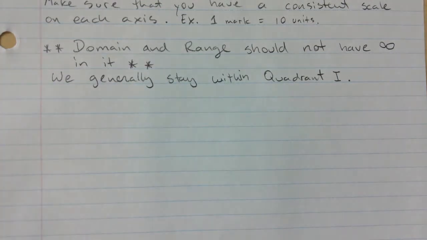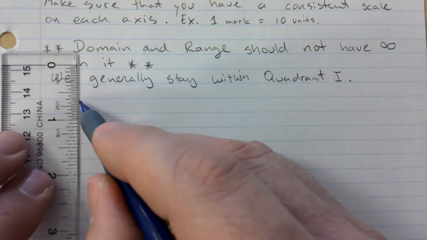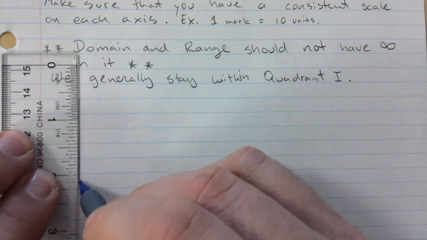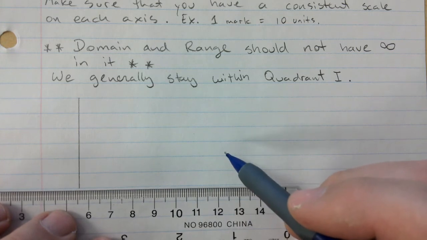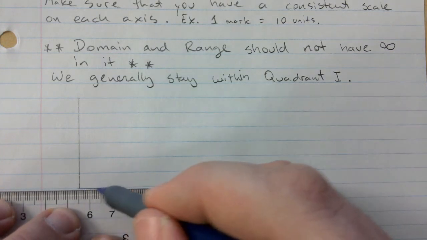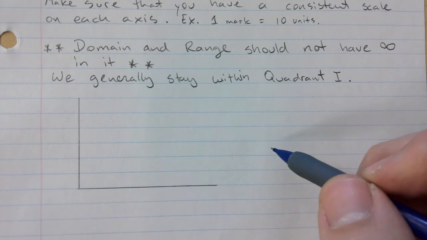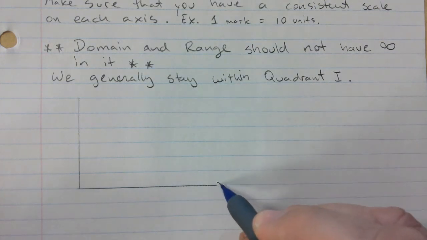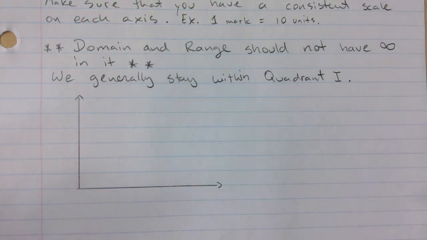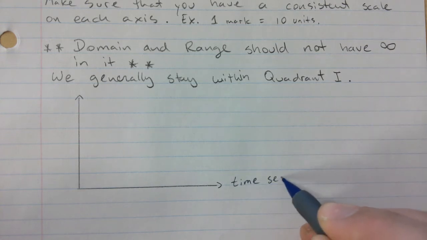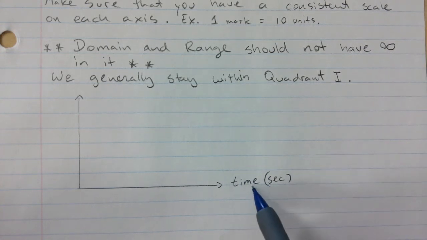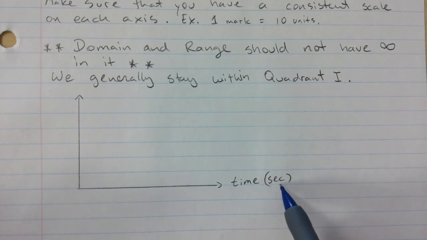So let's say you're looking at a graph like this, and it's a word problem, and you will know soon how to catch that. It doesn't have to be drawn to scale or anything. But it's no longer x and y. You're going to see that there's time here in seconds, so you have to label and include the units.